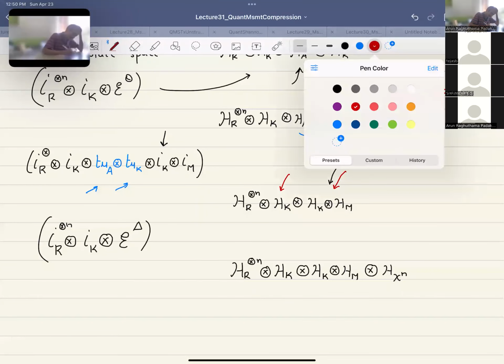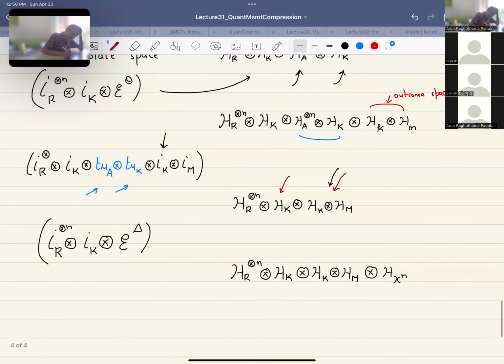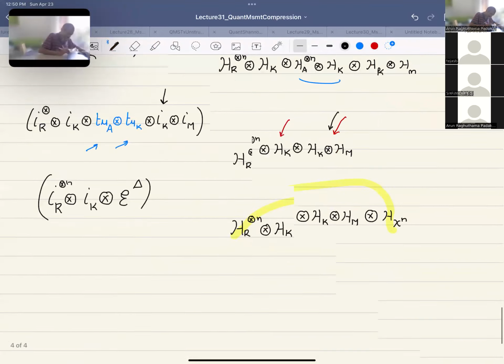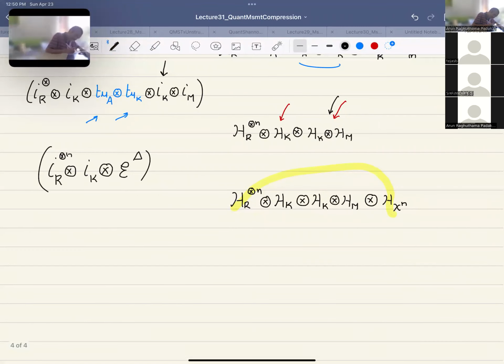Our interest is only, if we had done the original measurement, we would have only had this guy and this guy, right? So the rest of the guys should just vanish now. I really want to see that those two guys are preserved. So the last step is just bookkeeping. IR, the reference space, is as is.